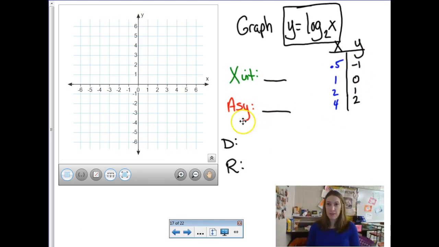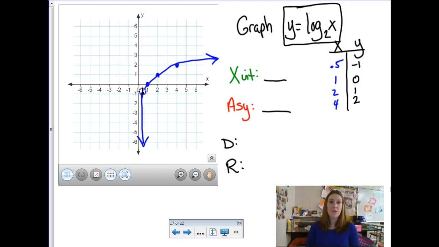So if I go ahead and plot those points, (0.5, negative 1) would be right there, (1, 0), (2, 1), and (4, 2). If I graph this on my calculator, which I wouldn't be able to do because I don't have a button for it, it's going to look like this. But we have to realize that this part here is what we're going to call an asymptote, a vertical asymptote this time.